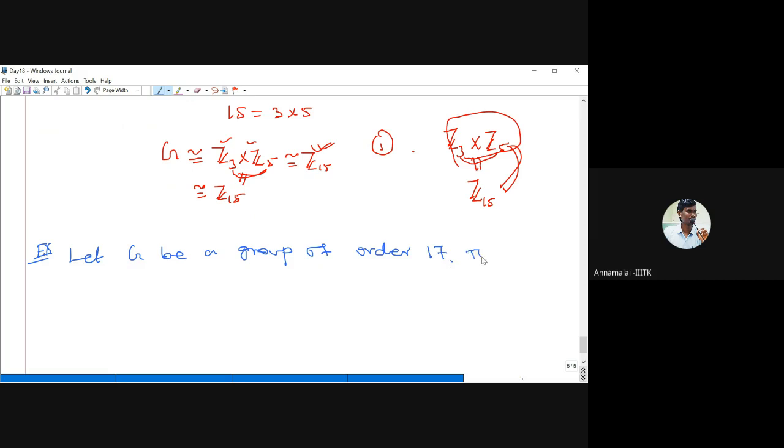Then the total number of non-isomorphic groups... actually, sorry, they are asking how many subgroups are there of G.